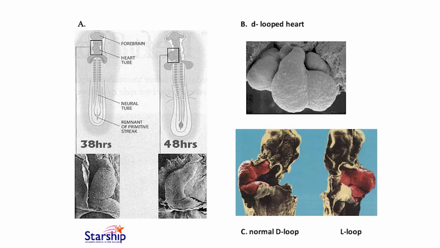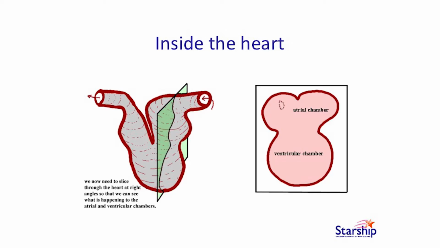So all that's happening on what you can see on the outside, but there's lots of stuff happening inside the cardiac tube. So we'll slice through the heart and have a look and see what's happening inside. So the internal heart undergoes lots of changes in order to form the atria and the ventricles of the adult heart, and it involves separating the left and right, but also separating the atria from the ventricles.